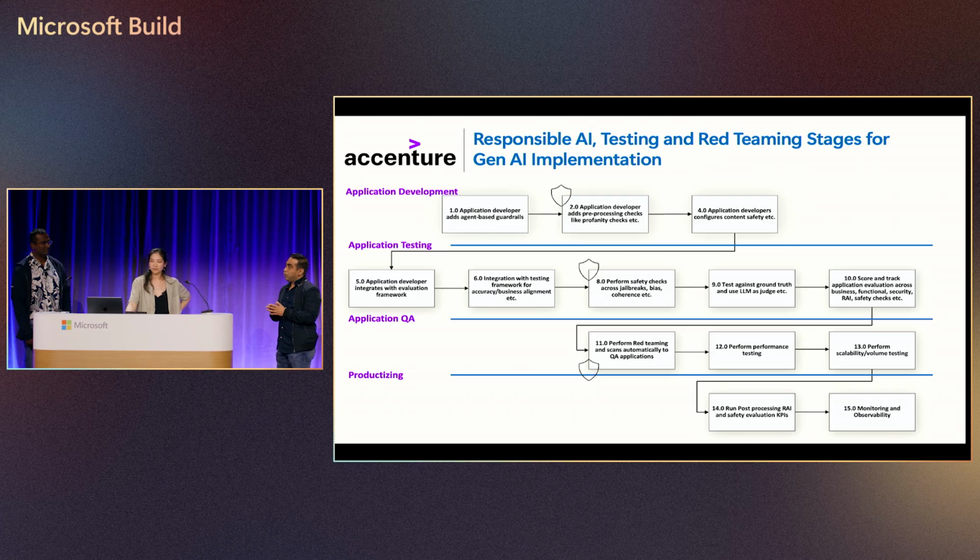If you see here, we talk about application development, the testing process, the QA process, the productionization process. At every step, we have guardrails. We have ensured that safety and security are important to us. Every single application that we have productized till now has to go through a rigor, and the AI red teaming agent provides us that full circle view to ensure that we are building quality applications and our customers feel that trustworthiness and reliability when they get their production-ready code.